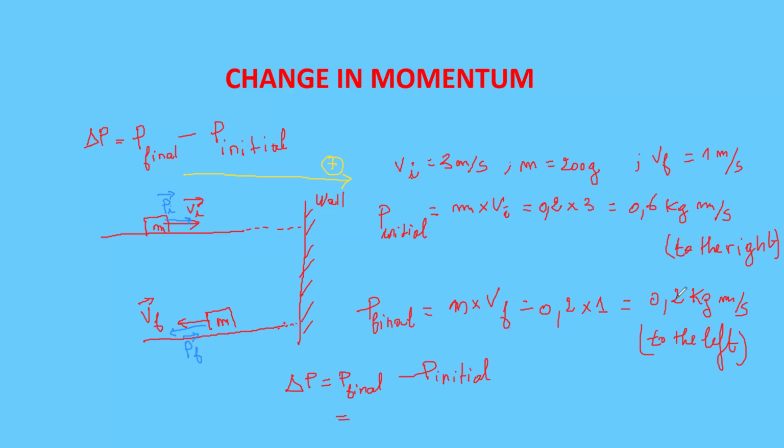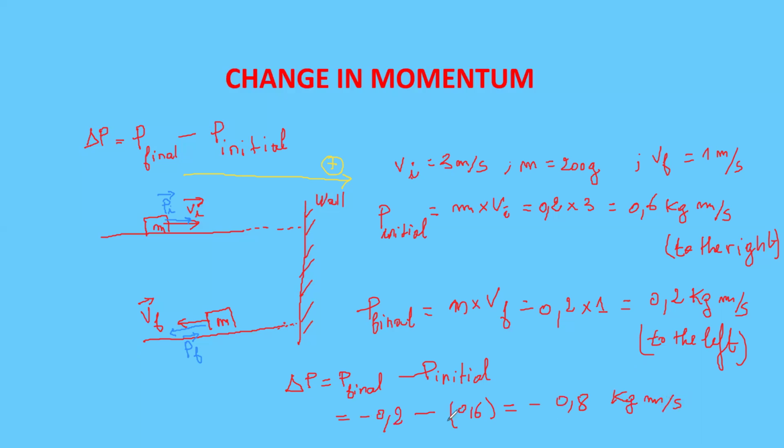So I take this value with a minus, minus 0.2, minus the initial, which is along my chosen direction, so I keep this value positive, minus 0.6, and the result is minus 0.8 kilogram meter per second.